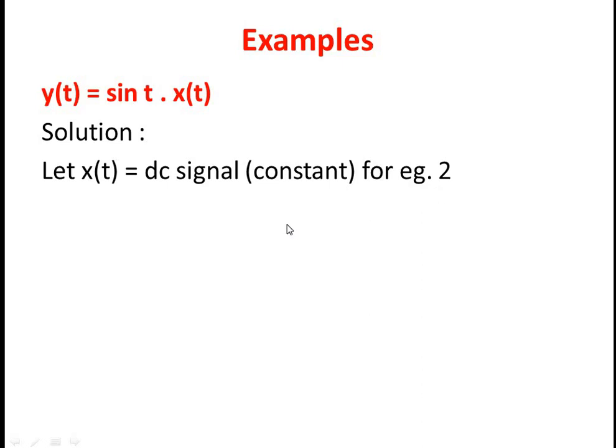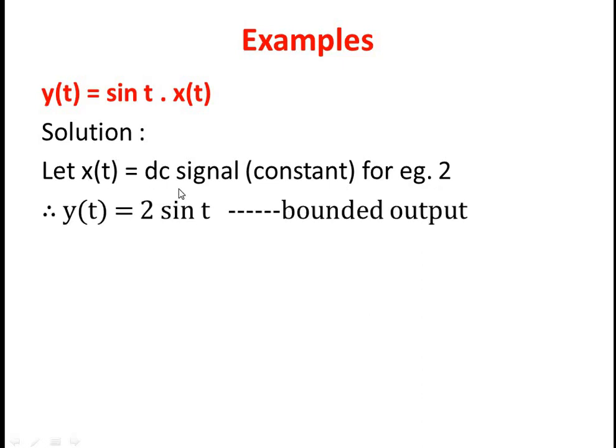Okay, so x of t is 2 here, so we can replace this equation as y of t equal to 2 into sin t, that is a bounded output. Why are we telling this is a bounded output? We all know that the value of sin theta varies from -1 to +1 at maximum.